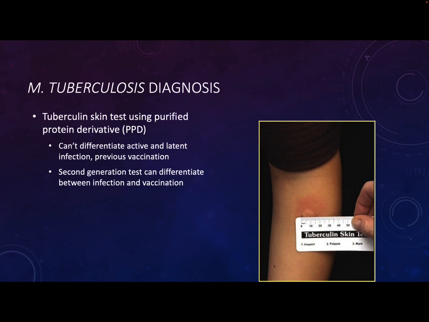There is a second generation test that can apparently differentiate between the two. Usually if you turned up positive, they would send you for an x-ray. If you have granulomas, if you have lung issues, they're going to treat you for tuberculosis. If your lungs are clear, they're going to assume you've been vaccinated or maybe you cleared an infection years and years ago, and they'll let you go on your way.